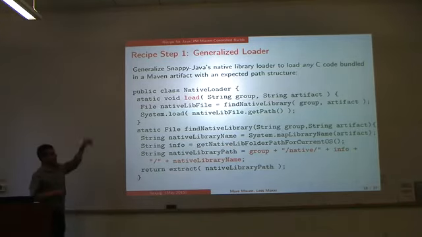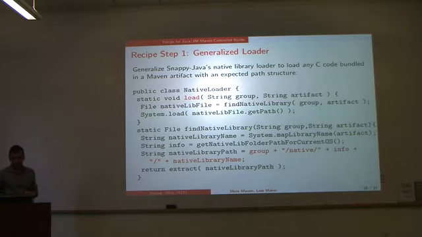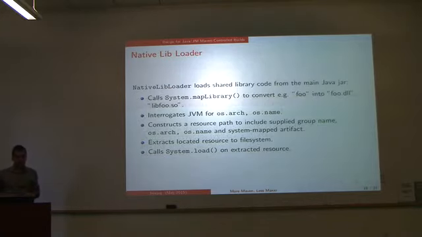So basically, that was just a generalization for arbitrary C code that I kind of stole from the Snappy Java code. I use System.mapLibraryName to do a conversion, so I don't have to know the platform file name, the DLL or the SO. I use os.arch and os.name to know what platform I'm running on at runtime, because obviously I've got to know that to identify the resource in the jar.